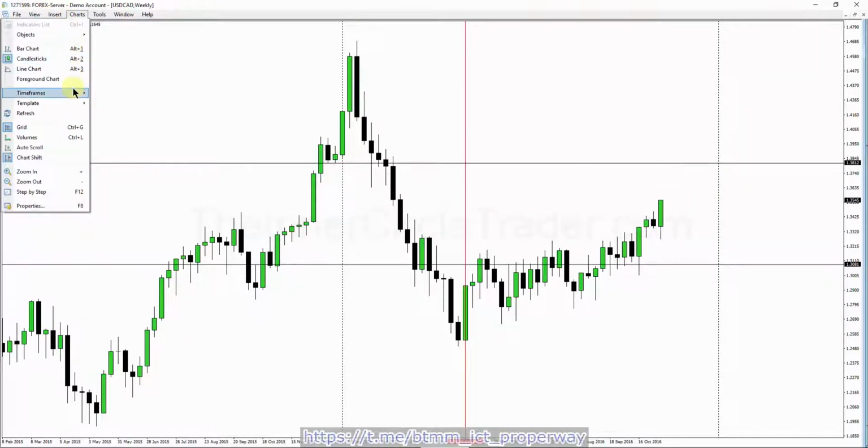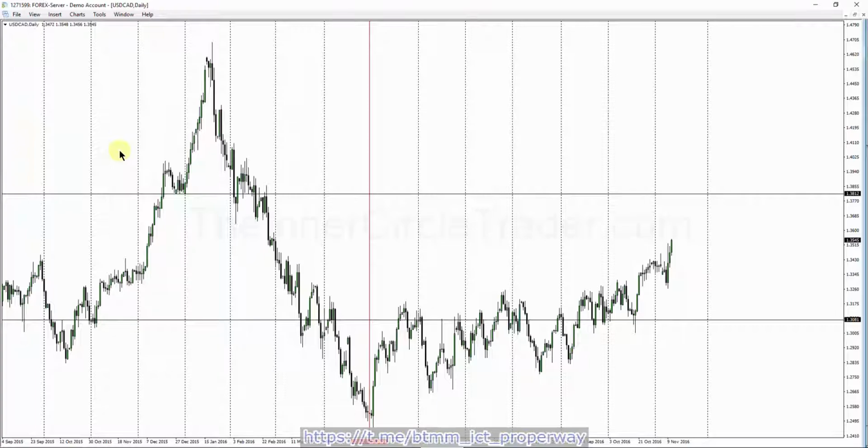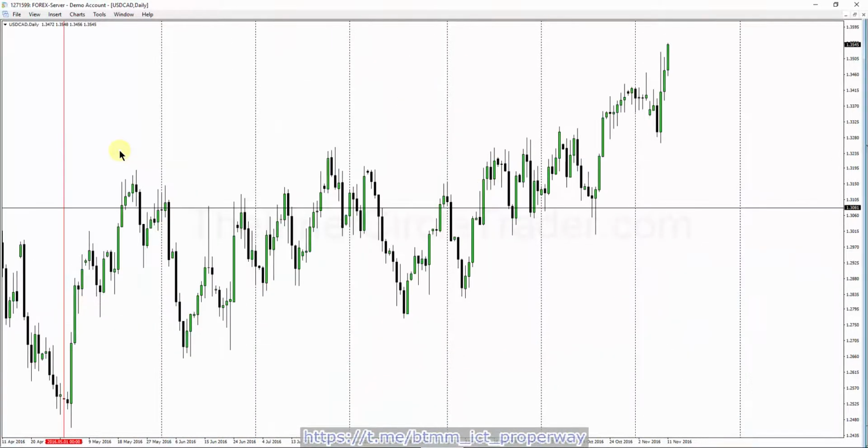We go into a daily chart. Okay, you can see the vertical lines delineate each month.